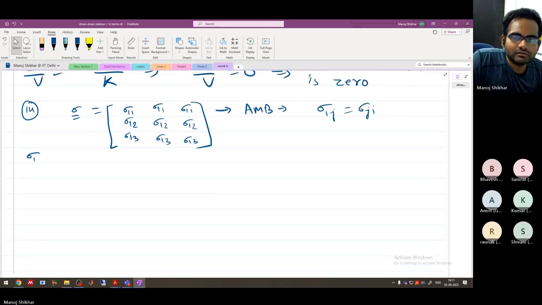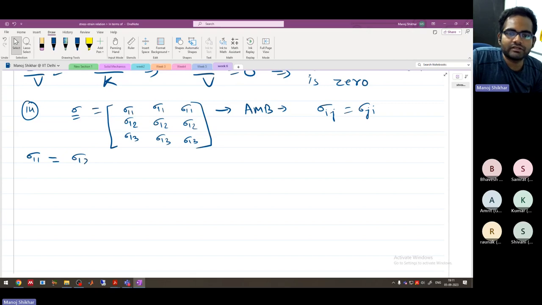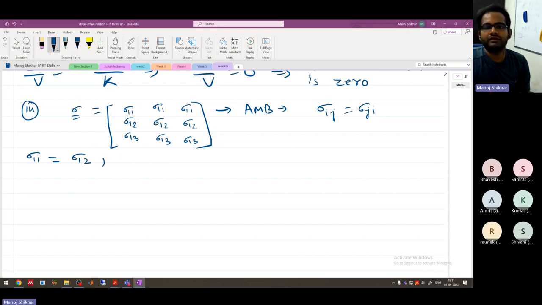So this forces us to write sigma 1,1 equal to sigma 1,2 from here, then sigma 1,1 equal to sigma 1,3. So what happens to our stress matrix? It becomes sigma 1,1 everywhere.